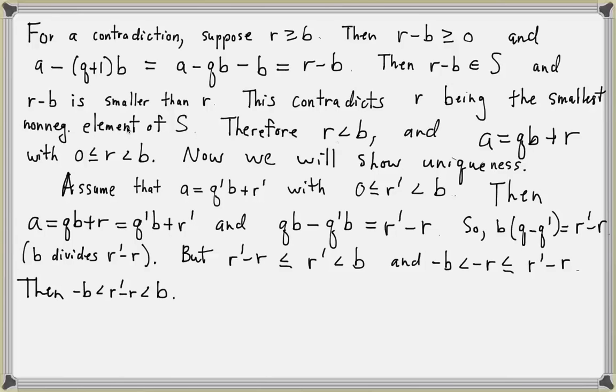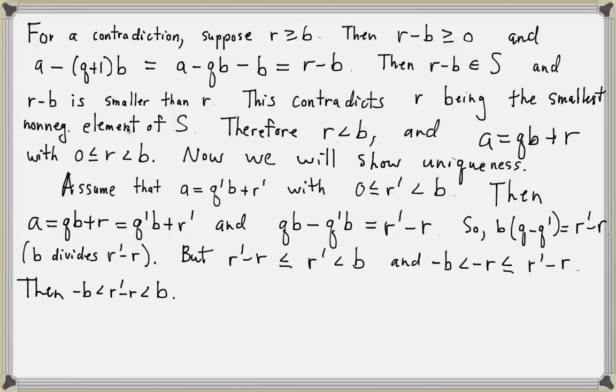But recall, we already concluded that B divides R prime minus R. The only multiple of B that's between negative B and B is the number 0. So let me replace R prime minus R with this expression B times the quantity Q minus Q prime.